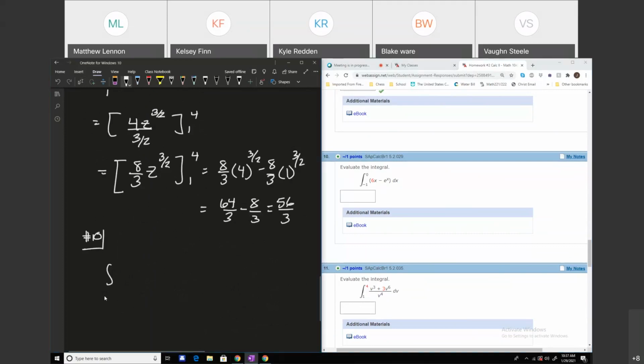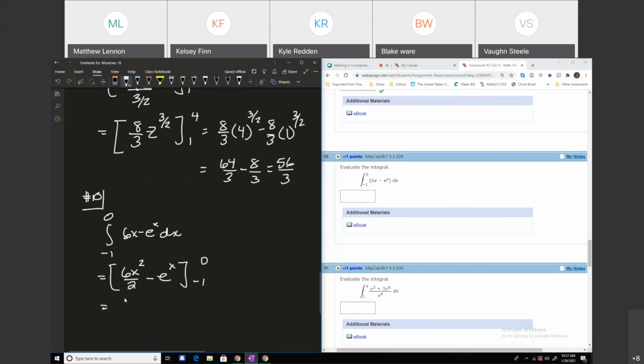So we're integrating from -1 to 0 of 6x minus e to the x dx. So this should be 6x squared over 2. Remember, there's no constant up here with the x, so the antiderivative of e to the x is just e to the x.